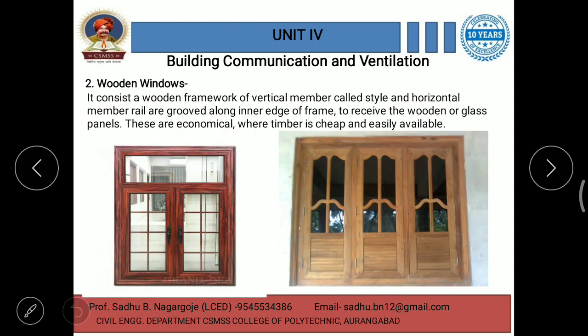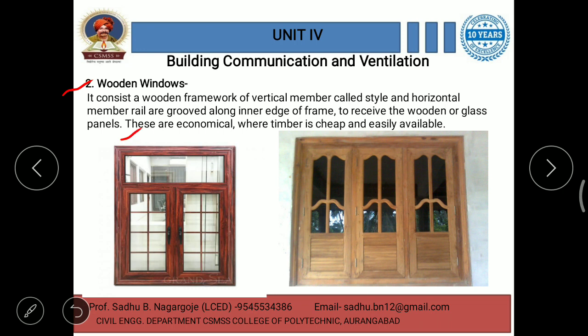Then the second type is wooden windows. Okay, this is again a common type of window and generally used for residential as well as public buildings. It consists of a wooden framework of vertical members called stiles and horizontal members called rails, glued along the inner edge of the frame to receive the wooden or glass panels.